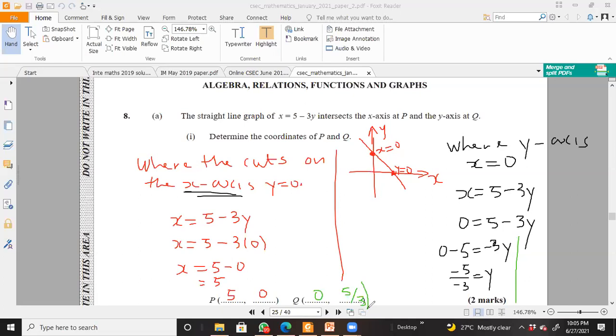Whenever it passes through on the x, at that particular point, your y is going to be 0. When it passes through on the y, at that particular point, the x will be equal to what? 0. It can be different types, but the most important thing is that it should always cut the x-axis and the what? Y-axis.